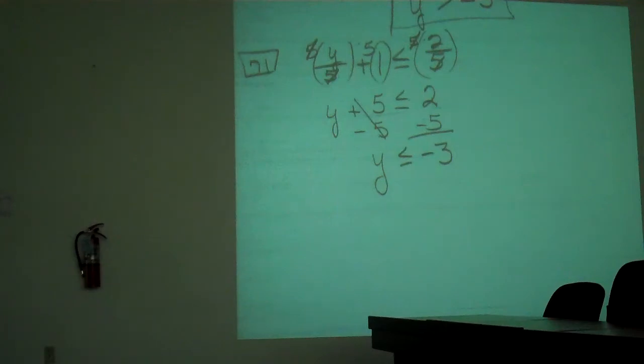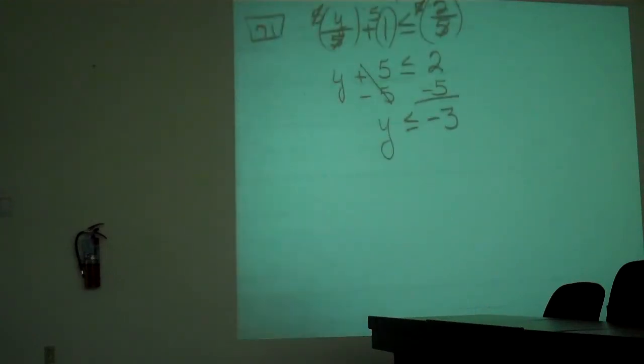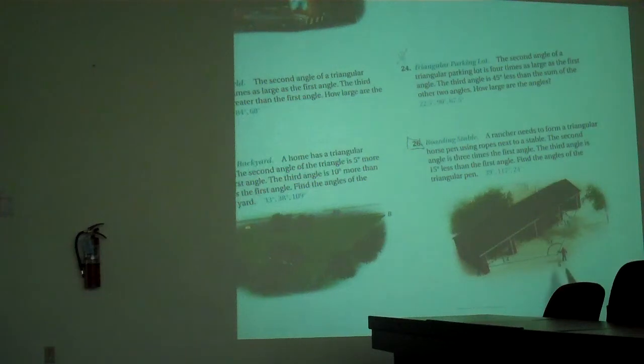Okay, that's page 195, 2.6. It's a word problem. It has to do with the triangle. It's right here. A rancher needs to form a triangular horse pen using ropes next to a stable.